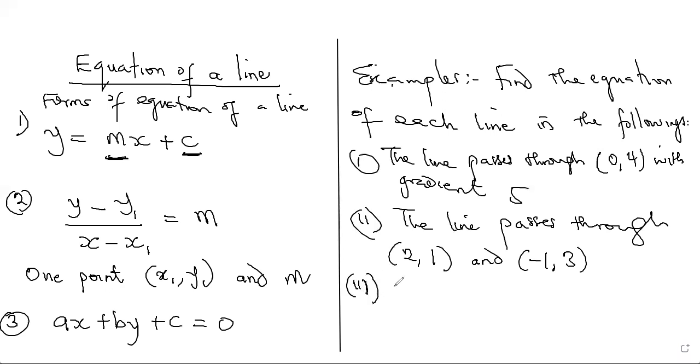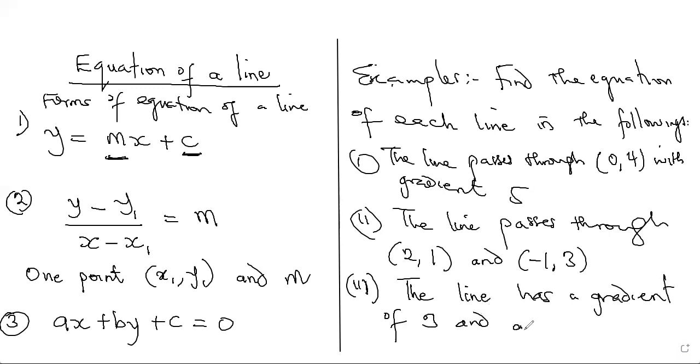Then you have the line has a gradient of 3 and an intercept of 1.